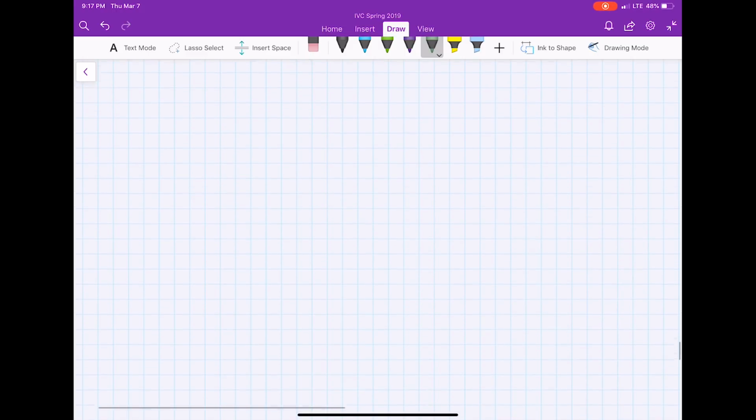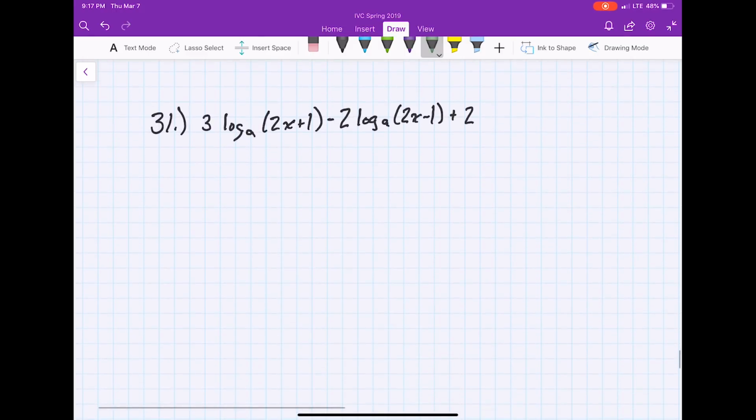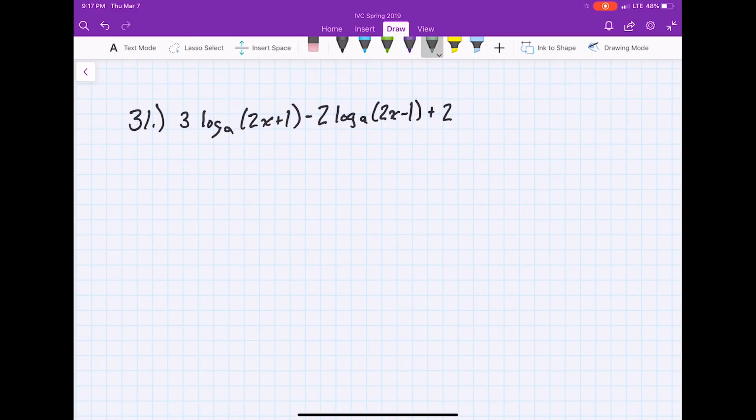Number 31, another problem just the same as the previous. We're going to distribute our exponents here, put those in here. But this is a 2. It's not the same base as the rest. So we could actually rewrite this as log A. I'm trying to think how we do this.